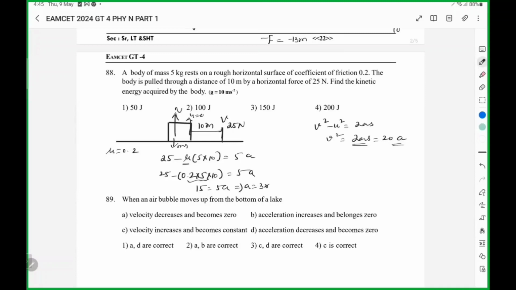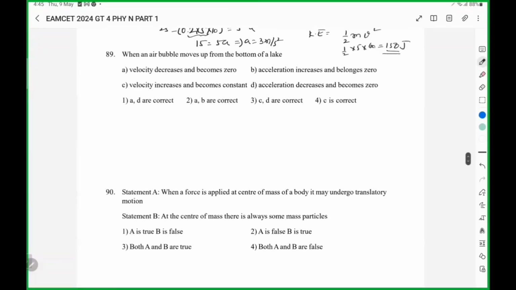Acceleration is 3 meters per second squared. So v square is 20 into 3, 60. The kinetic energy acquired is half m v square. M is 5, v square is 60, so 150 joules. Third option is correct.